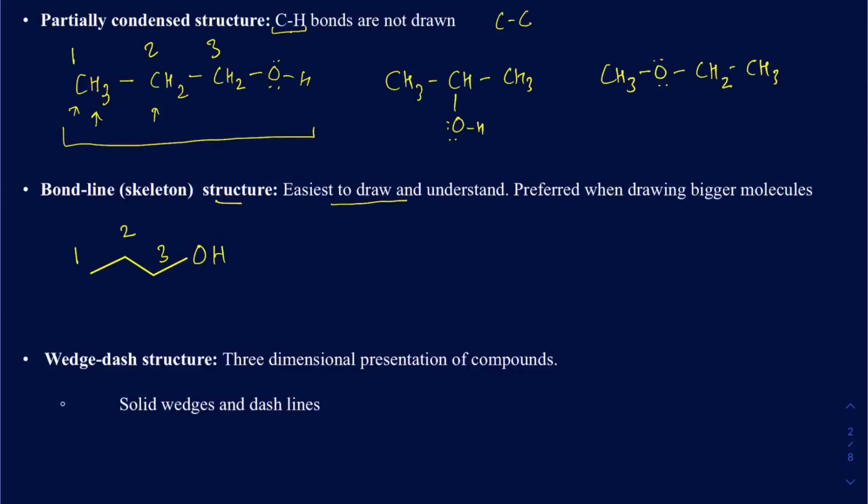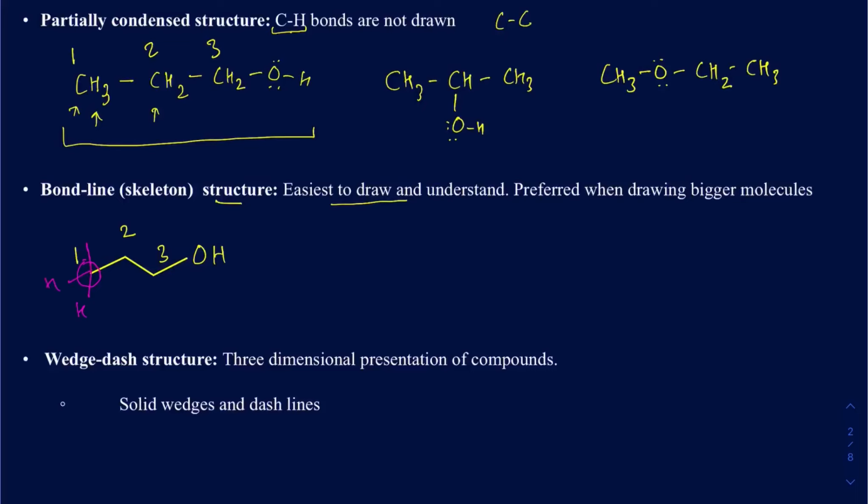Now, when you look at these, I'll change the color here. So this first carbon, remember, every carbon is supposed to have 4 bonds. This first carbon has 1 bond connected with the second carbon, but it does not have any other 3 bonds in there. That automatically means there are 3 hydrogens attached to it.